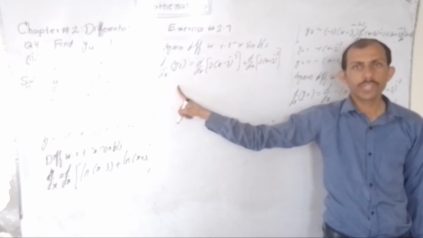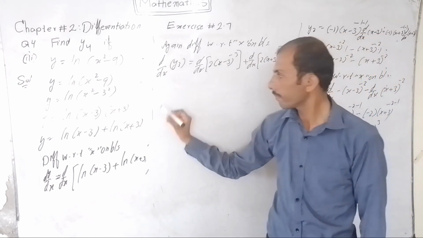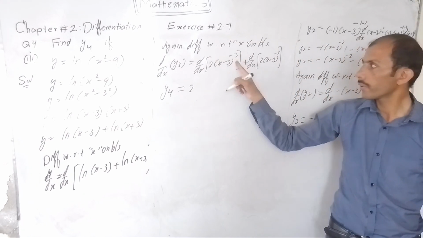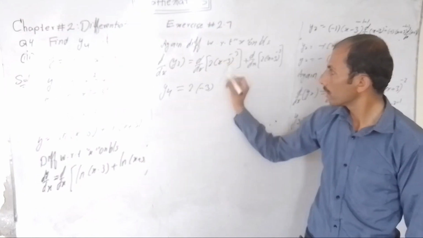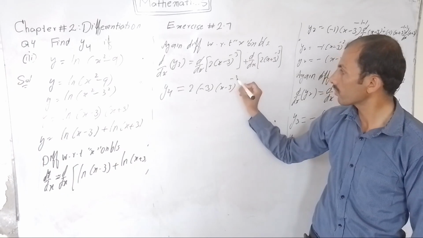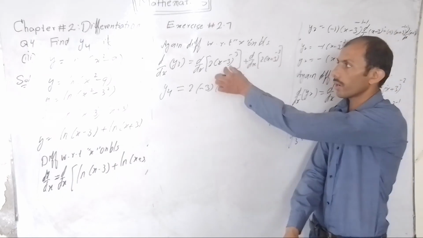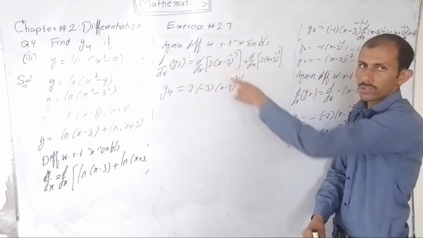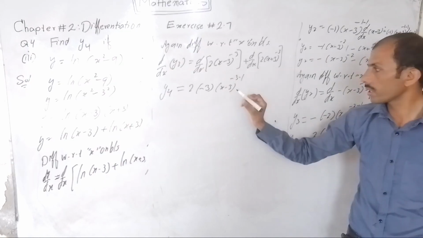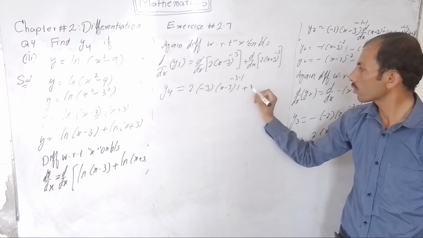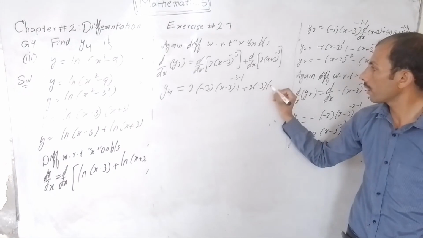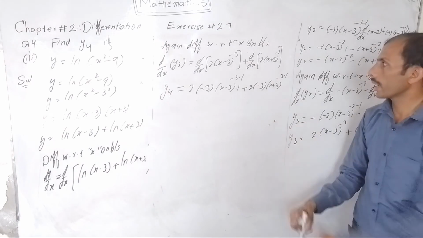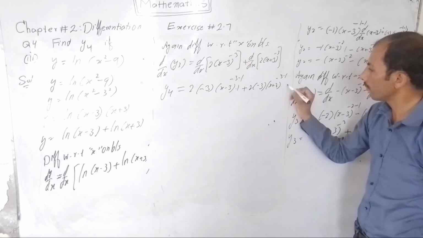Derivative of y3 with respect to x is equal to y4, is equal to 2, power rule, minus 3 power first (x minus 3) whole power minus 3 minus 1. Again derivative of function x minus 3, x derivative with respect to x is equal to 1, minus 3 constant derivative 0, so 1, plus 2 into minus 3 (x plus 3) whole power minus 3 minus 1. Again derivative of x plus 3 is equal to 1.